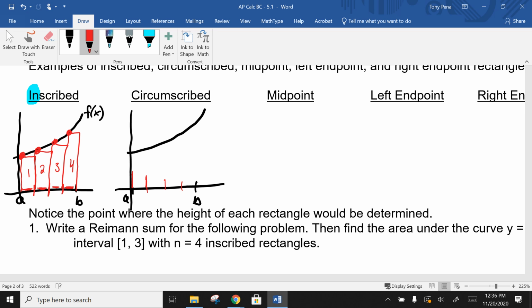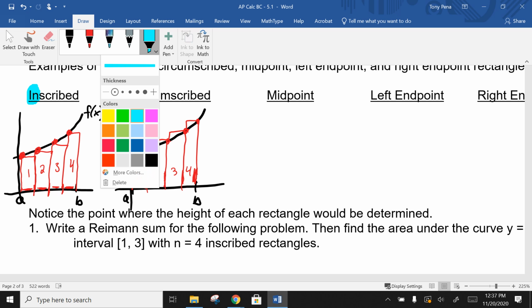So now if I start to draw in rectangles here, so here's 1, 2, 3, here's the makings of my 4 rectangles. If I want to now be circumscribed, we want to go outside the curve. So I want to go up from the right side, touch the curve, and then cover that first interval by moving to the left. Go up from the right, move to the left, and we still get 4 rectangles, but these are what we would call circumscribed.